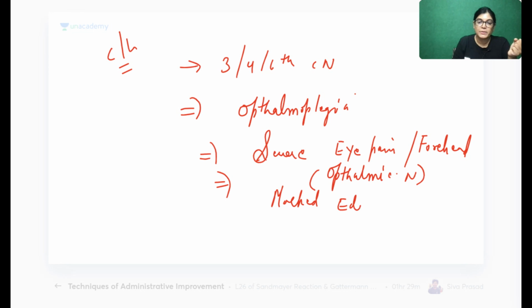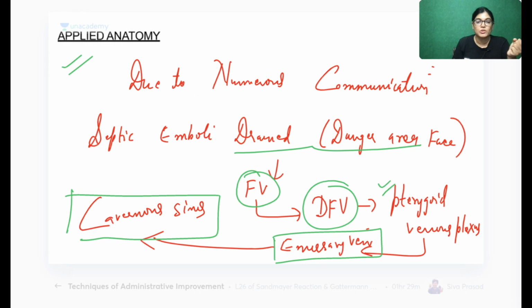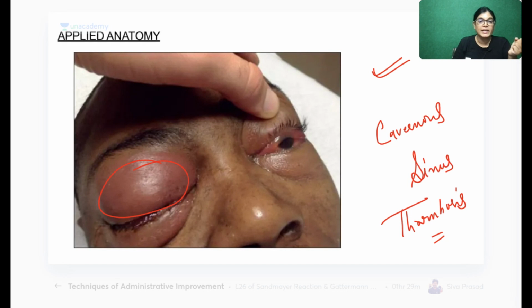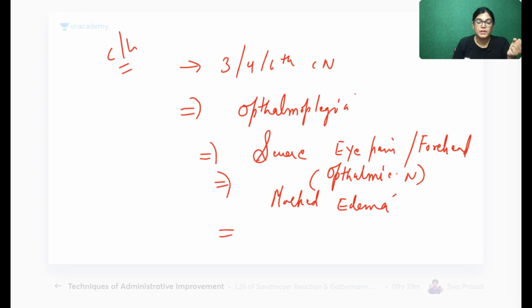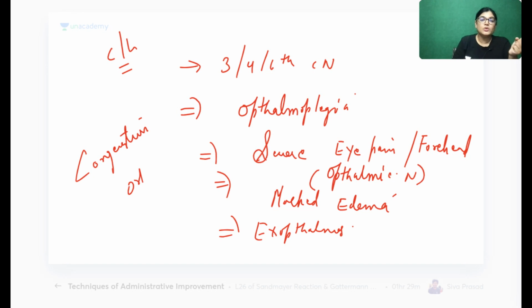The patient will have marked edema as shown in the diagram, exophthalmos, and also congestion of the orbital veins is seen. So these are the clinical signs and symptoms which will be present in the patient.